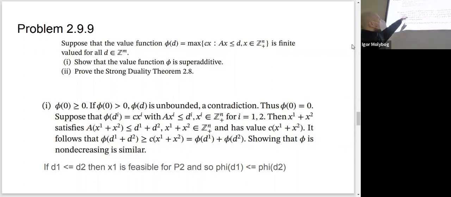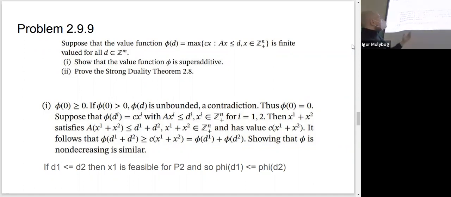Moreover, if you assume that phi of 0 is greater than 0, then nothing actually stops you. So let's say that you have found an x that gives you a positive objective value, even if d is equal to 0, and it's just feasible for d equal to 0. Nothing stops you from multiplying that x by 100, right?